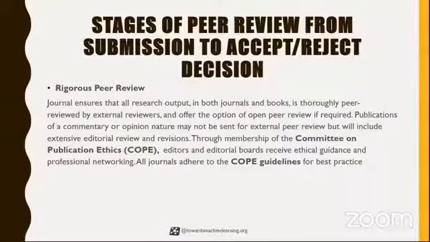They follow strict guidelines of COPE, the Committee on Publication Ethics. It makes the guidelines for the peer review processes, and all journals follow these guidelines and do a thorough peer review.